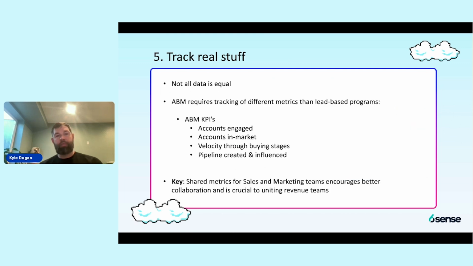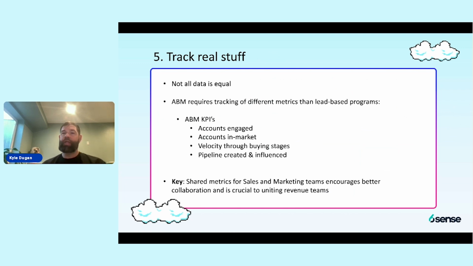Now, the last step, this one is interesting because it's something most marketers are already doing, right? We already track stuff. We already have data. We're running digital campaigns. And the beauty of that is there is data galore on what happens with our campaigns. When it comes to ABM, though, one of the things we talk about is not all data is equal, right? You're going to have some metrics that make more sense when you're going more towards an MQL and a lead-focused approach.